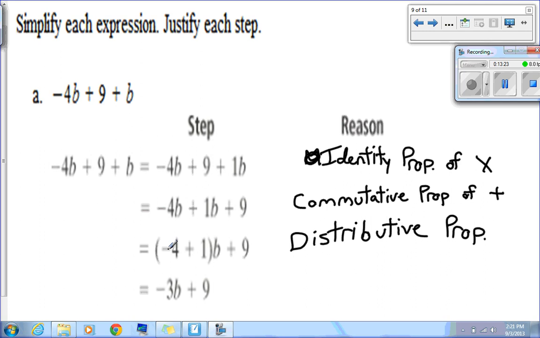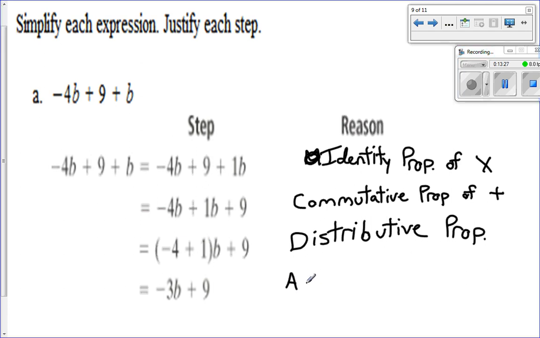Finally, I just add negative 4 plus 1, so that's just addition. Alright, moving on.